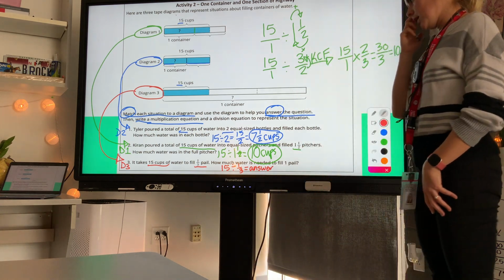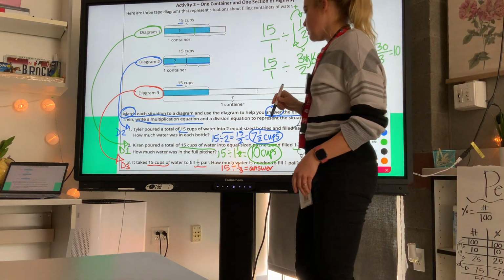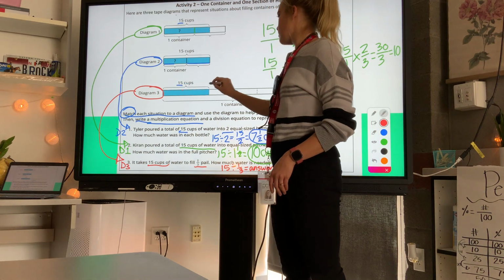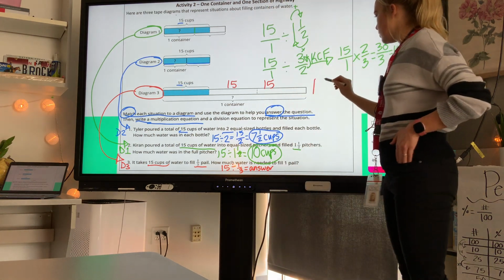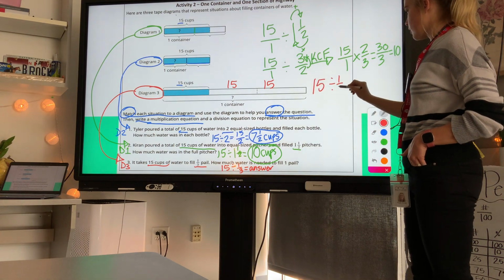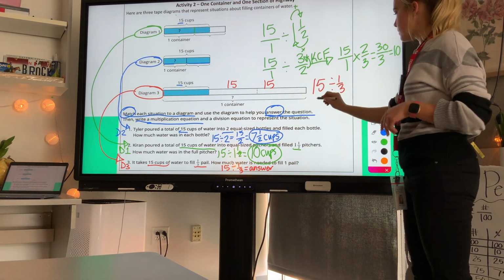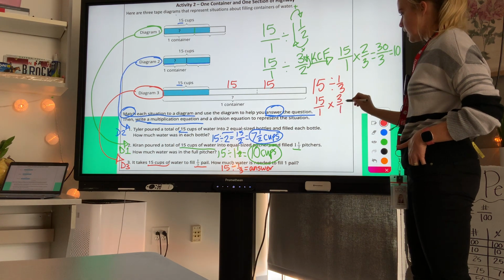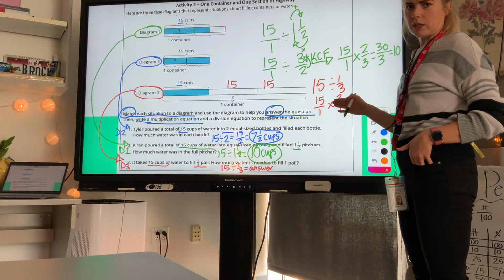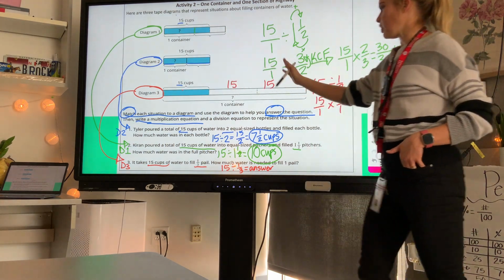Another way we could do it is to say, okay, if this is 15, this is 15, and this is 15. So when we do 15 divided by 1/3, when we do keep, change, flip, it really ends up being 15 times 3, right? Because we have 15 3 times.